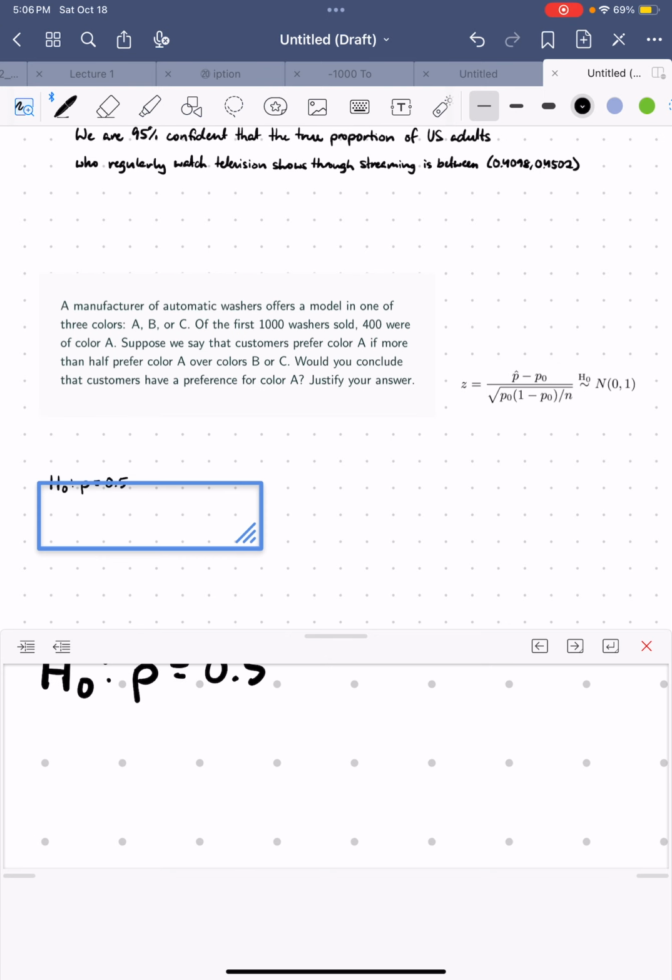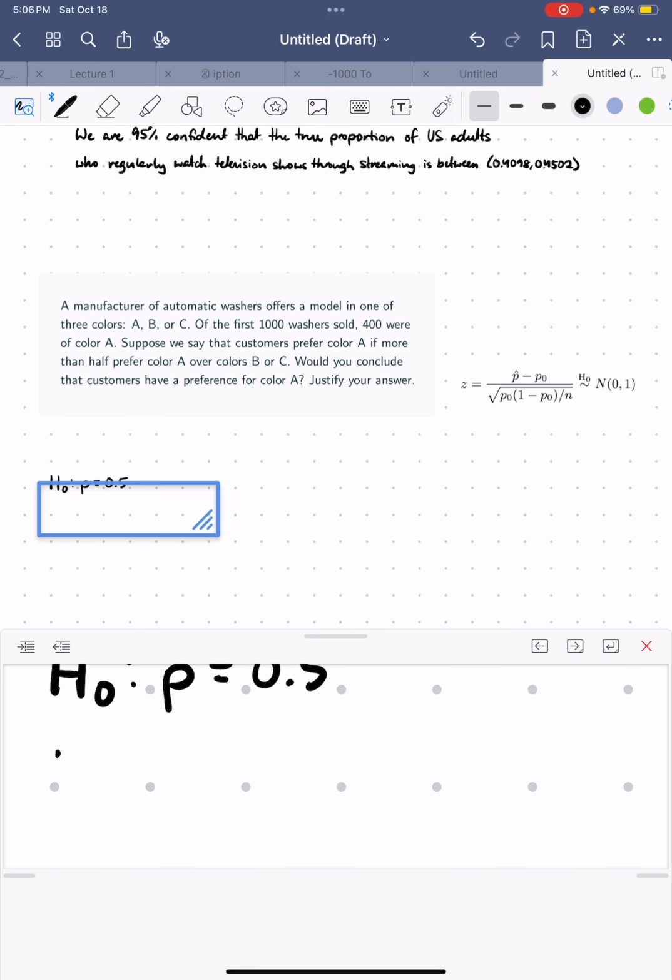And then for our alternate hypothesis, that our proportion is greater than 0.5.